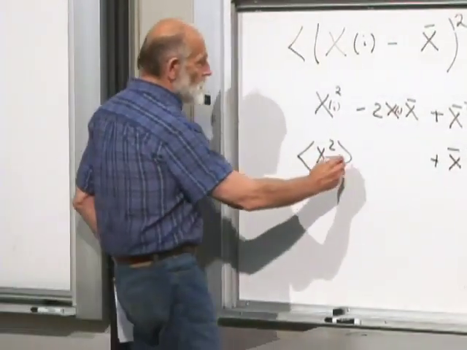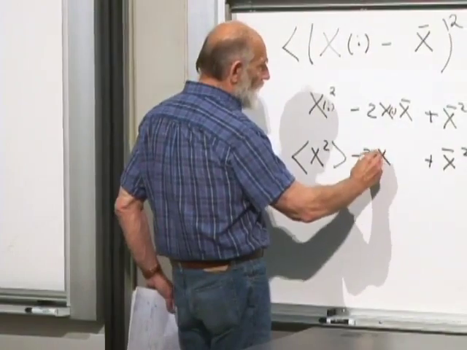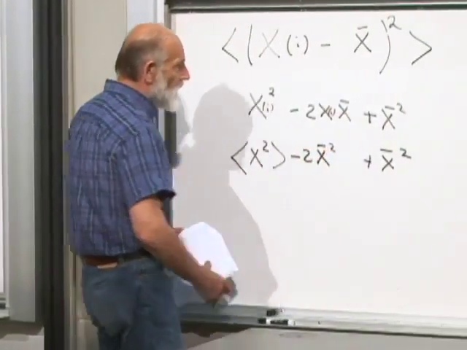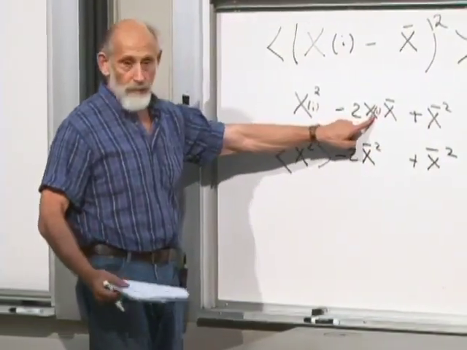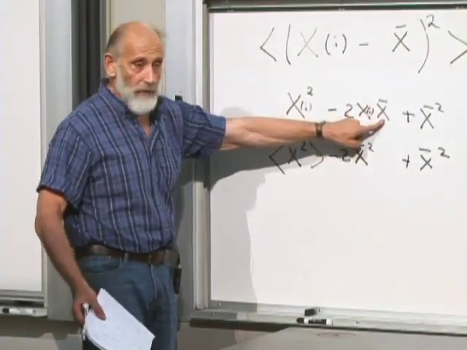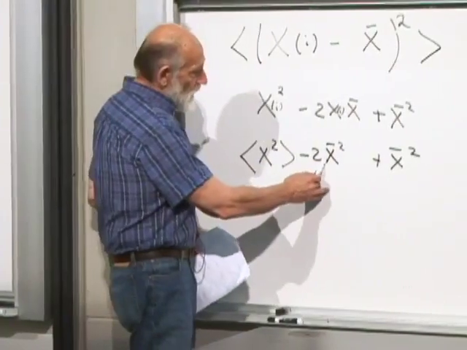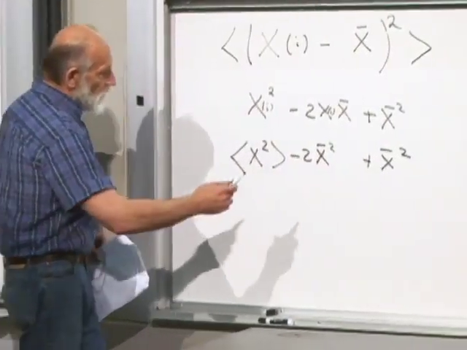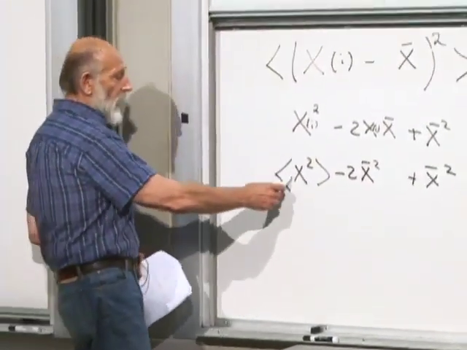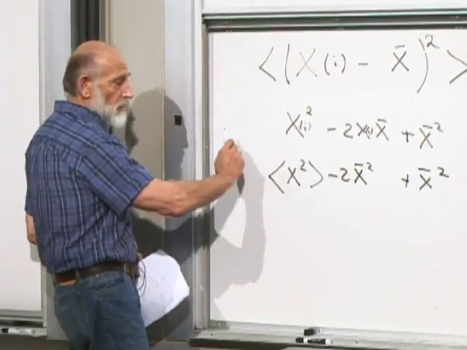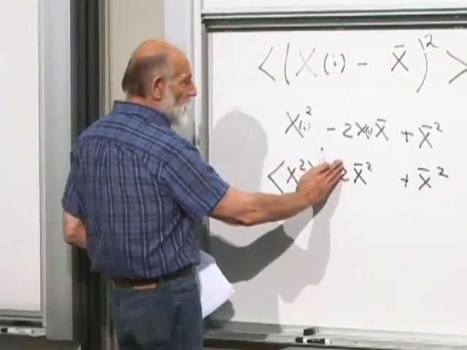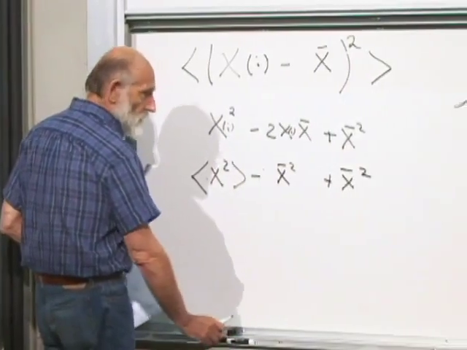It's just minus 2 x bar squared. Averaging x gives you x bar, and it just multiplies this x bar, so it's minus twice x bar squared.